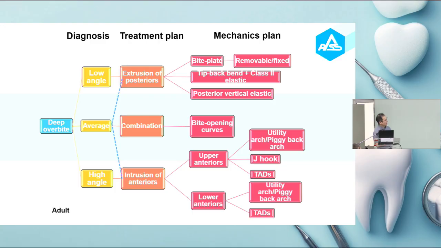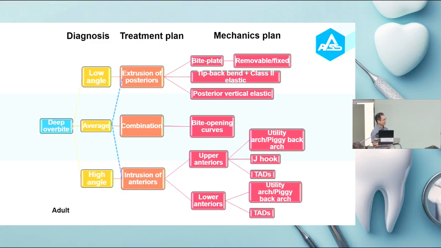And in the average case, we can either extrude the posterior teeth or intrude the anterior teeth or both. Usually we can use bite opening curves. And in the high angle case, our treatment plan is to intrude the anterior teeth.